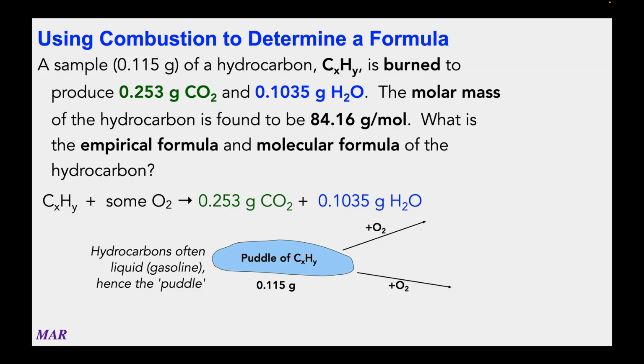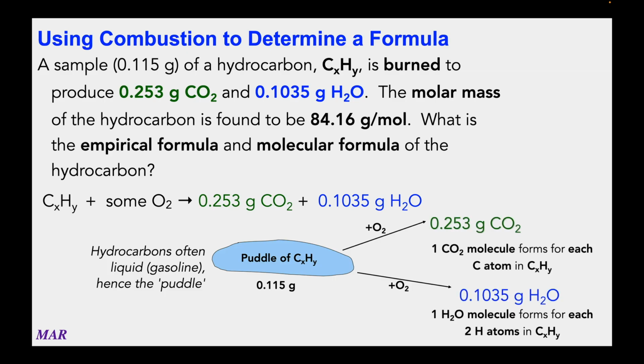So when we burned it, we added O2. All the carbon ended up as CO2, and all the hydrogen ended up as water. Now, carbon dioxide has one carbon in it. So for every CO2 molecule that was created, we had 1 mole of carbon, and that came from the hydrocarbon CxHy.